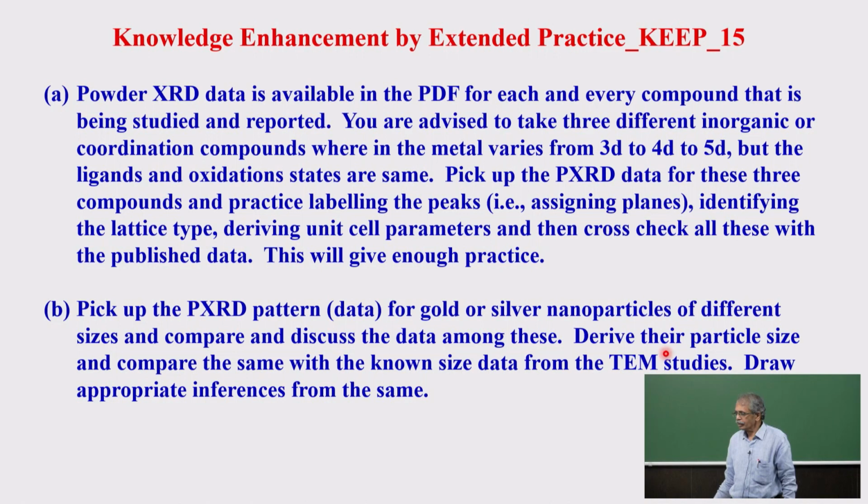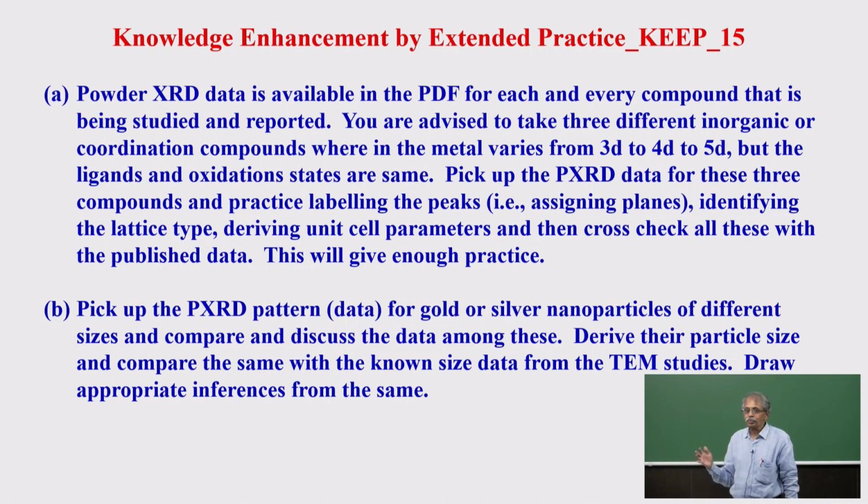You can look at that. Derive their particle size from the powder XRD in each case, for each of the size cases. Then compare the same with the known size data from the TEM. So for the same powders, for the same polycrystalline material, if the TEM is available, it will be very good. That means when you are choosing, you choose those data sets where the TEM data is also available.